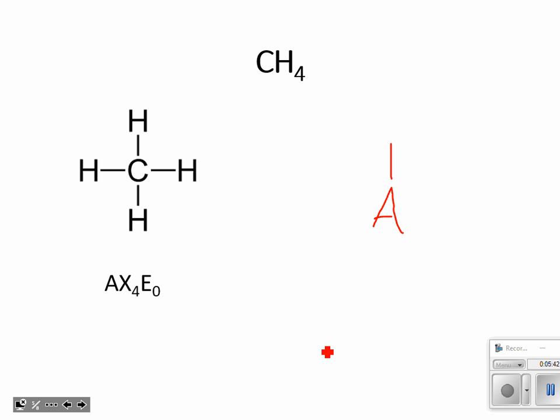I have a dash line for that X, a dash for that X, I have my hashes for an X here, and then I have a wedge right here with an X. Now, all I simply do is, where I have these X's and the A, I replace them, because the A is my central carbon.